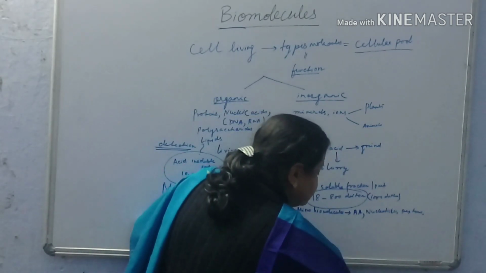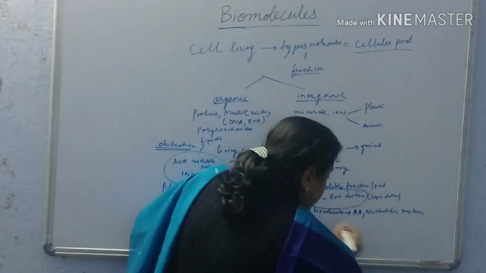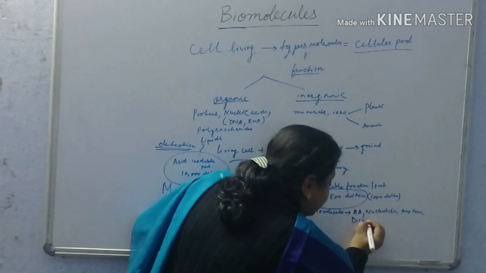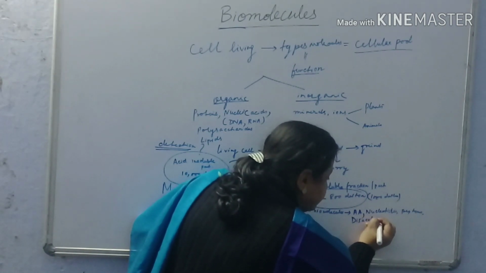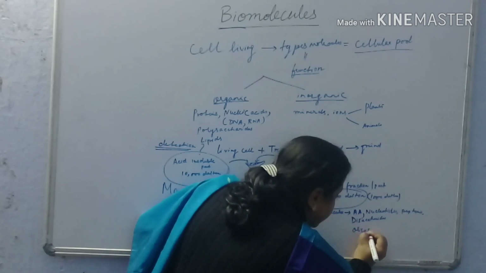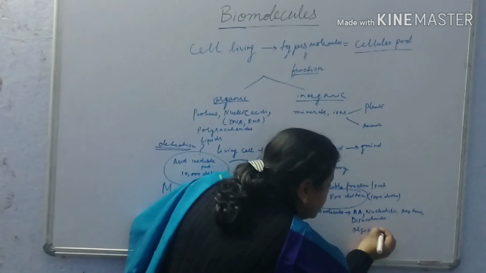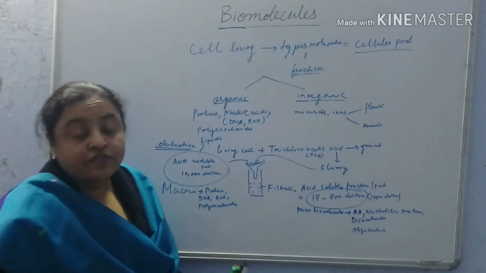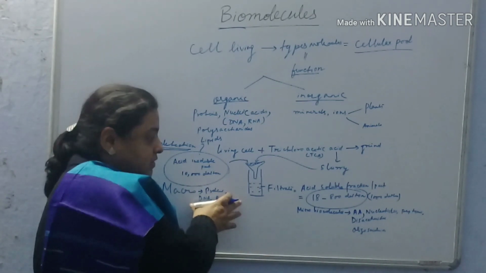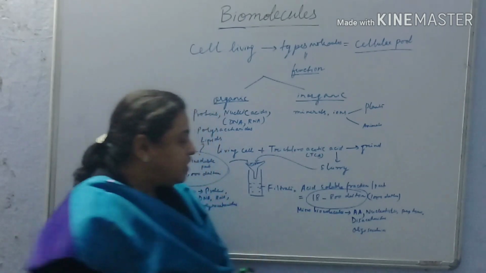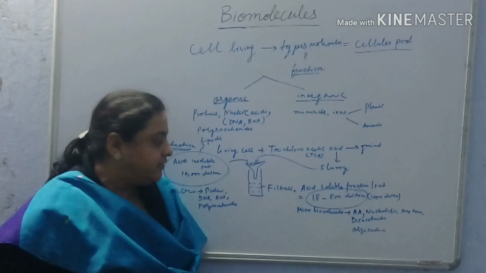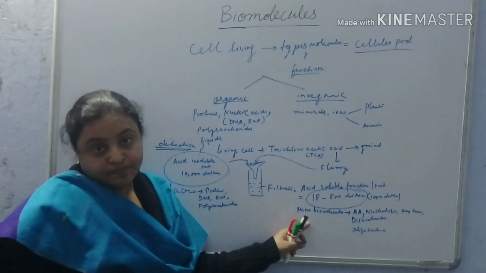Then you might get the rest of the carbohydrates like disaccharides and oligosaccharides. So you see that in the case of carbohydrates, polysaccharides are the only macromolecules. And in microbiomolecules, the disaccharides and oligosaccharides are the carbohydrates.